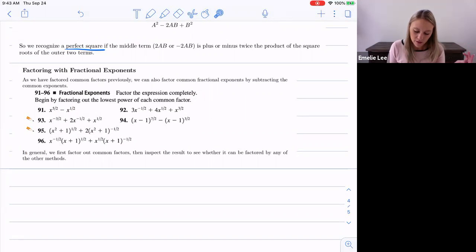So what we do is we manipulate these exponents, which we can do, right? We can break them up and then we'll be able to factor out the lowest power of each.